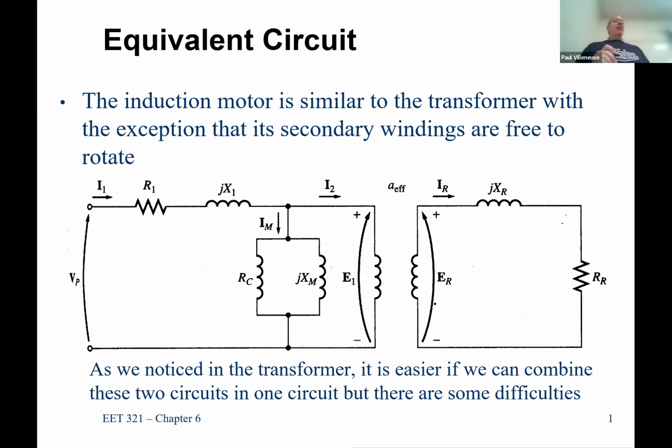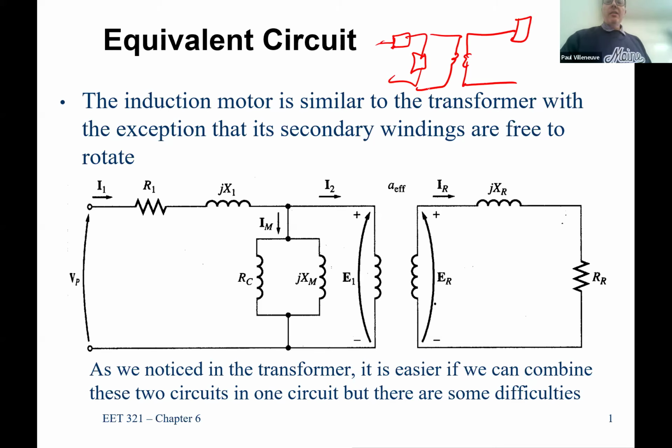So we can take our transformer equivalent circuit and put a box here and a box here, a transformer and a transformer. Instead of current going out someplace else, it stays inside the machine. The current goes no place. So we'll take our equivalent circuit model for our transformer and apply it to our induction machine.